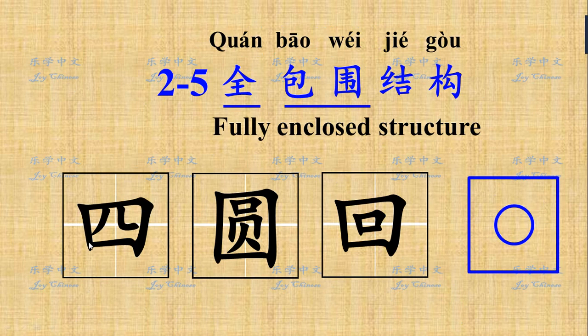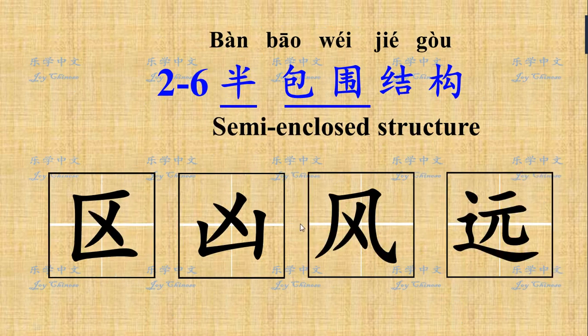Like this one. You see, outside is a square, and inside is a character. Same for this. Alright, 全包围结构, fully enclosed. 全包围结构 is completely surrounded. There's no gap.